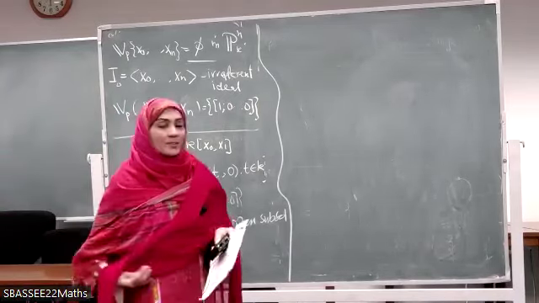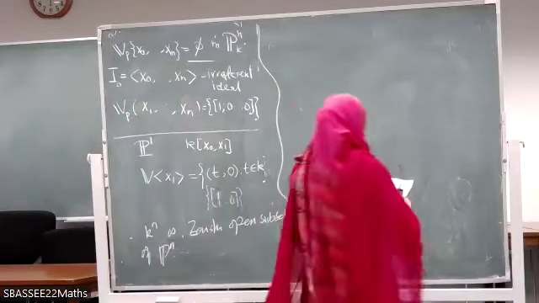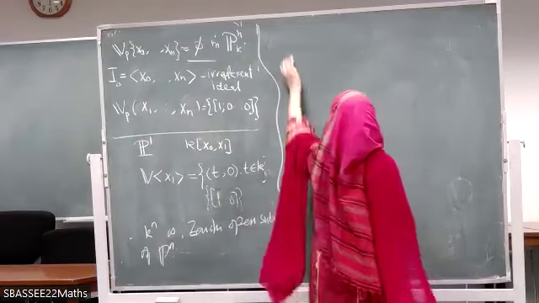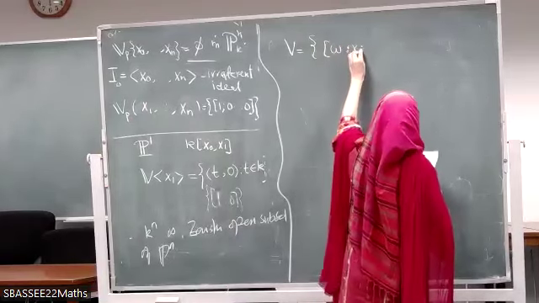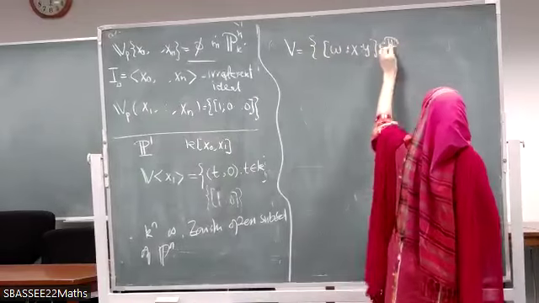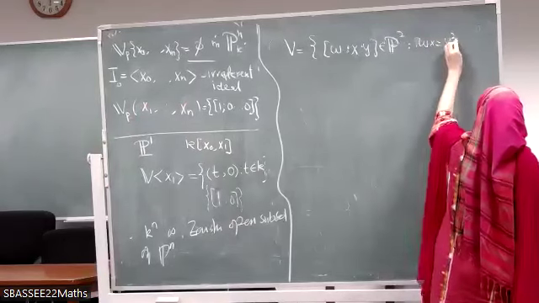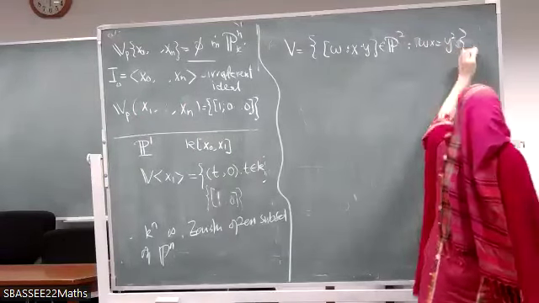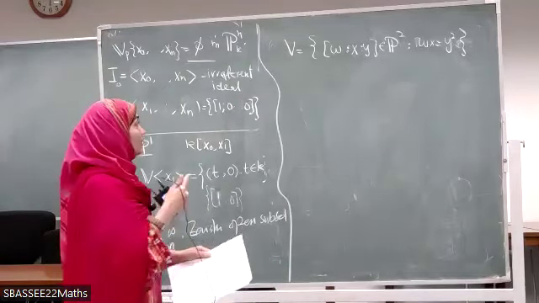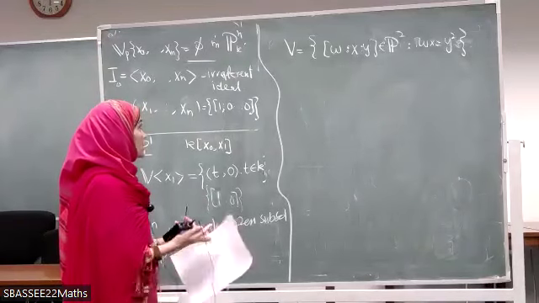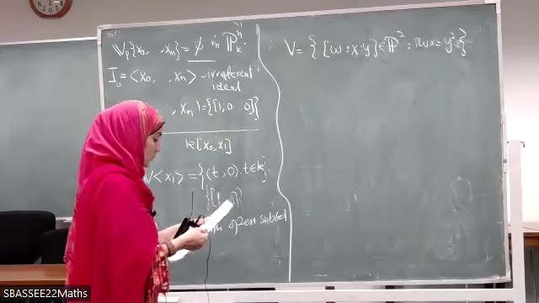Okay, now let's see some examples to get a better understanding of how to work with projective varieties. For example, I take my projective variety defined in this way: omega times x is equal to y square, where you take the coordinates from the projective plane.